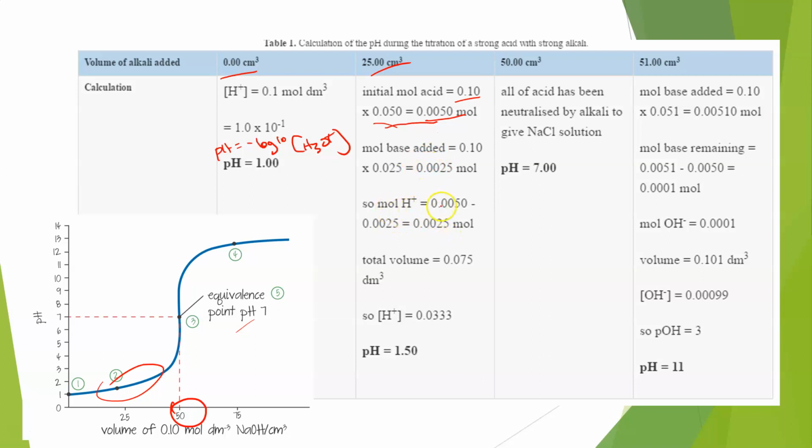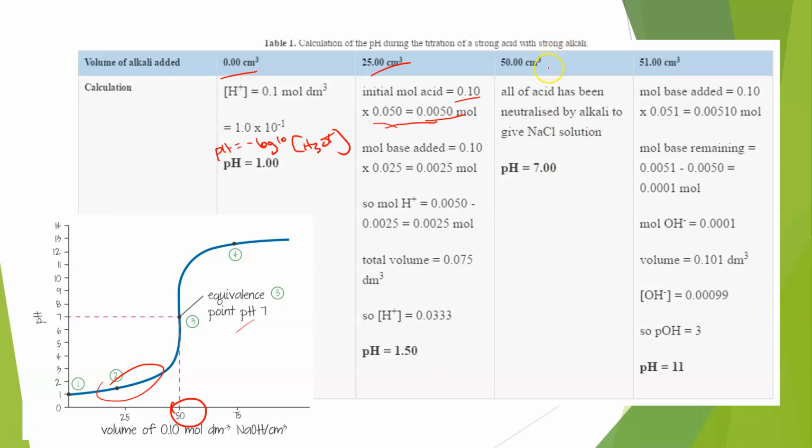Then we have the initial mole minus the mole at the point we're looking at, which means this much mole of acid is left. Total volume is the initial volume plus the volume that has been delivered. So we can now work out the concentration of H3O plus and work out the pH.